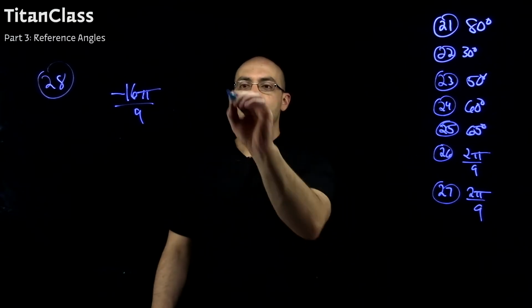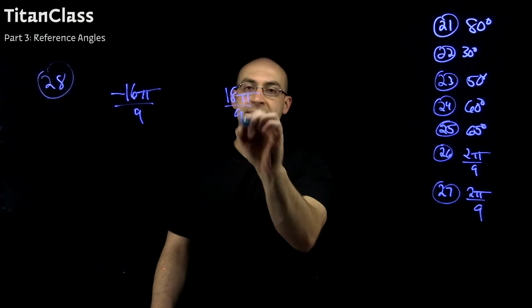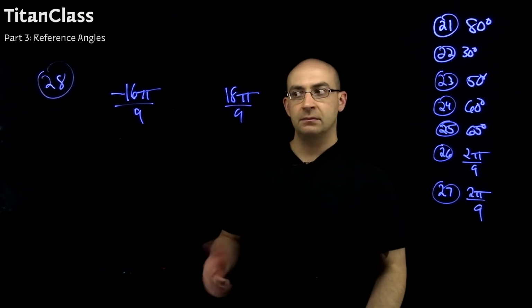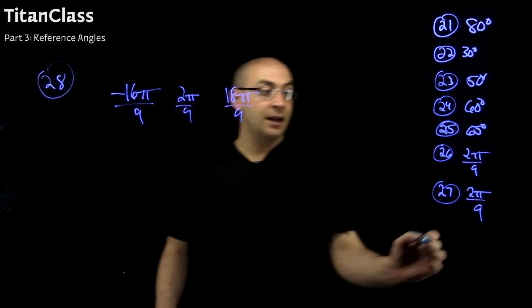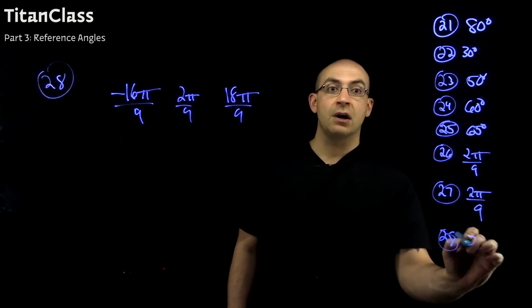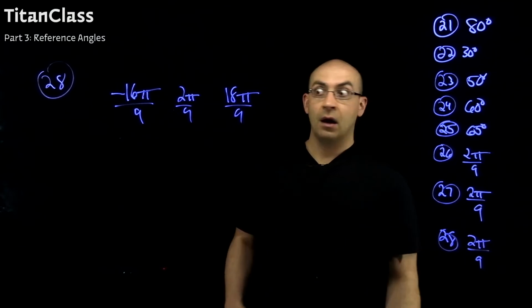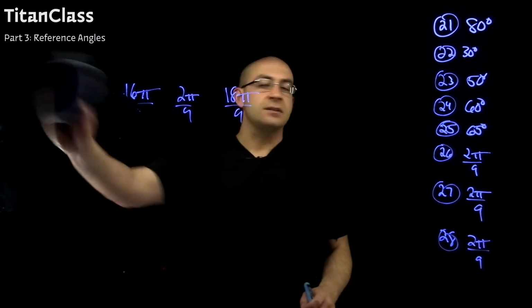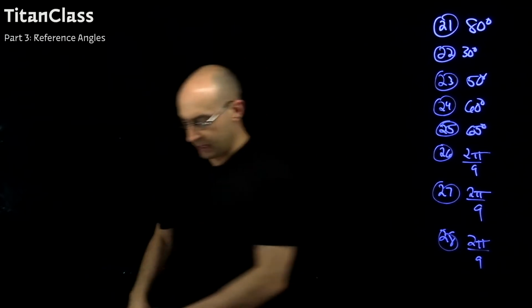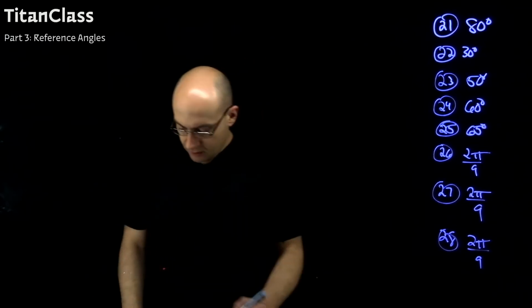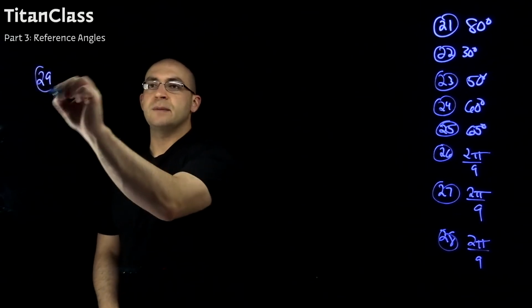Same distance. I'm trying to get to 18 pi over 9 because that's a multiple of 180 twice. So my answer here is, again, 2 pi over 9. That's three 2 pi over 9s in a row. I feel like you did this. Titan, where are you? It's scary. It's when you don't hear them for a while that things get bad.